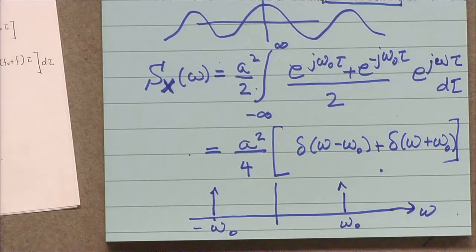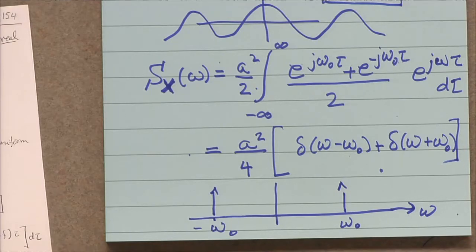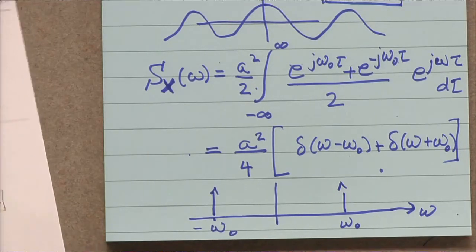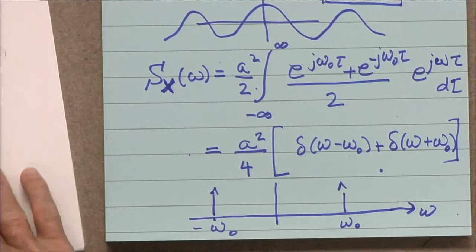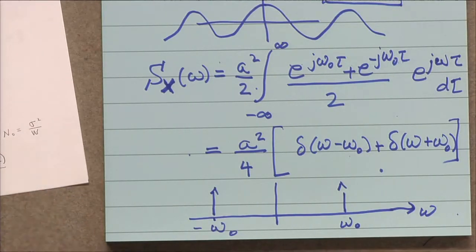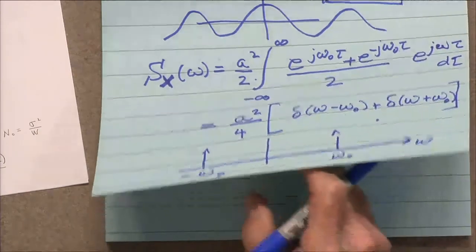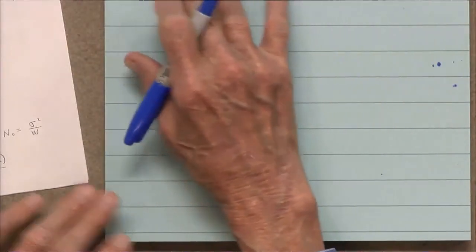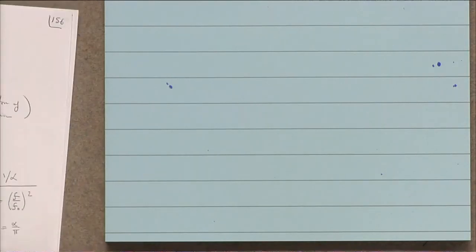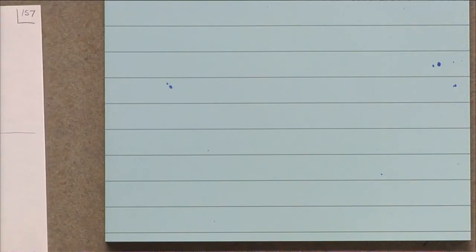That's the power spectral density. Power spectral density of white noise, telegraph signal, exponential. And so forth.